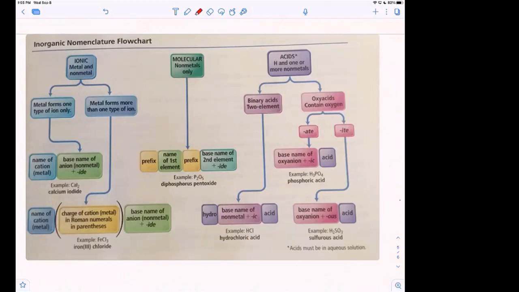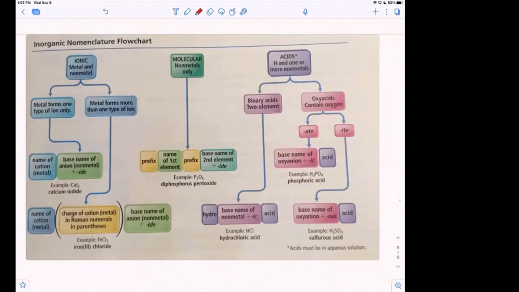Then acids. Binary acids, so just hydrogen and one other element. It's hydro, base name of the nonmetal, plus ic acid, so hydrochloric acid, hydrobromic, hydrofluoric, hydroiodic, that kind of thing. Then there are oxyacids, which are polyatomic ions that contain oxygen.